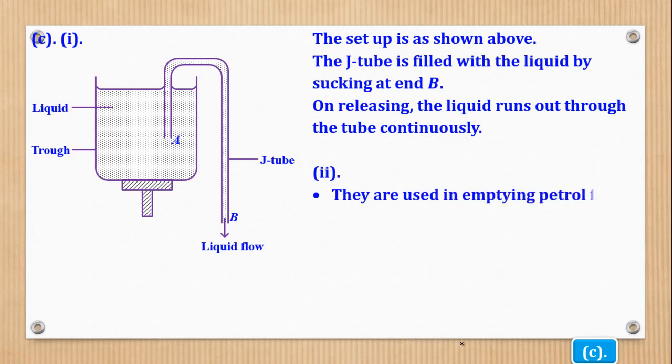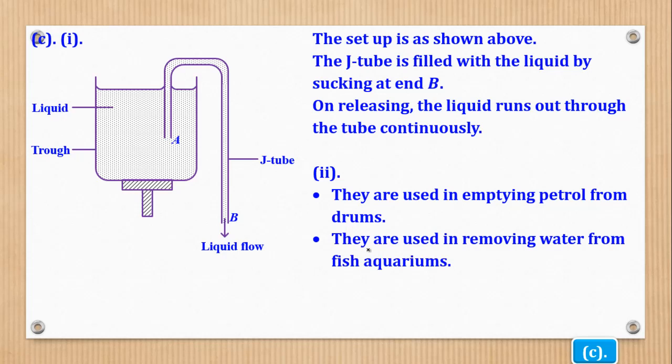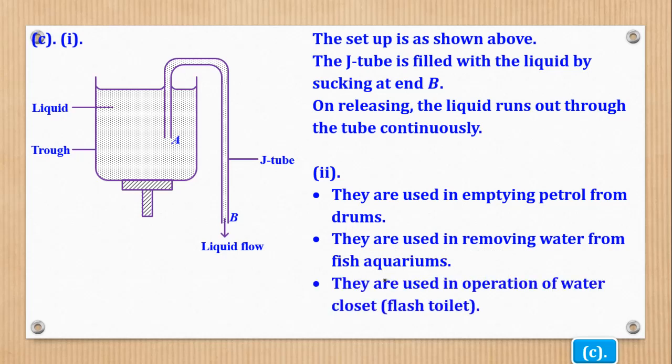Then uses of siphon in daily life. 1, they are used in emptying petrol from drums. 2, they are used in removing water from fish aquariums. 3, they are used in operation of water closet like flush toilets.